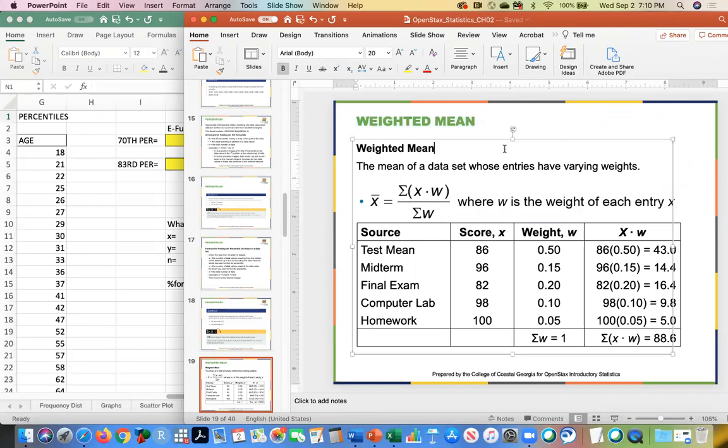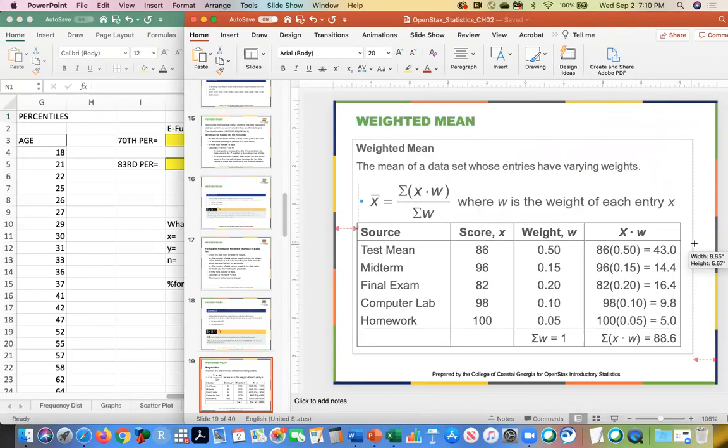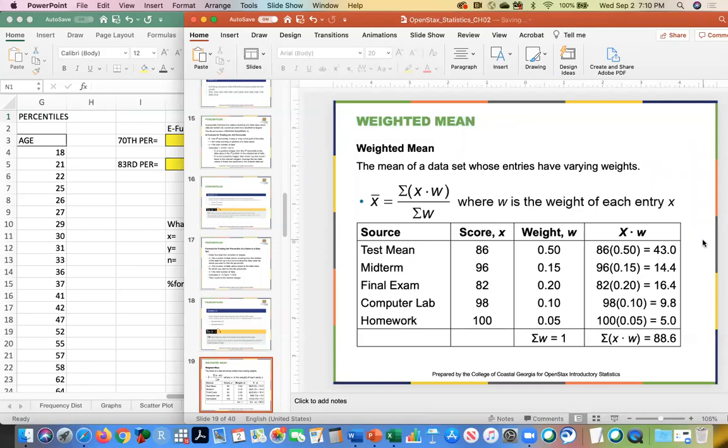For example, when you take a class and your professor says, okay, 50% sampling learning, 25% your exams, 25%. I'm gonna give you a score from 0 to 100, right? And then I'm gonna apply the weights. So in this case, the mean of a data set that is using weights is gonna be computed.